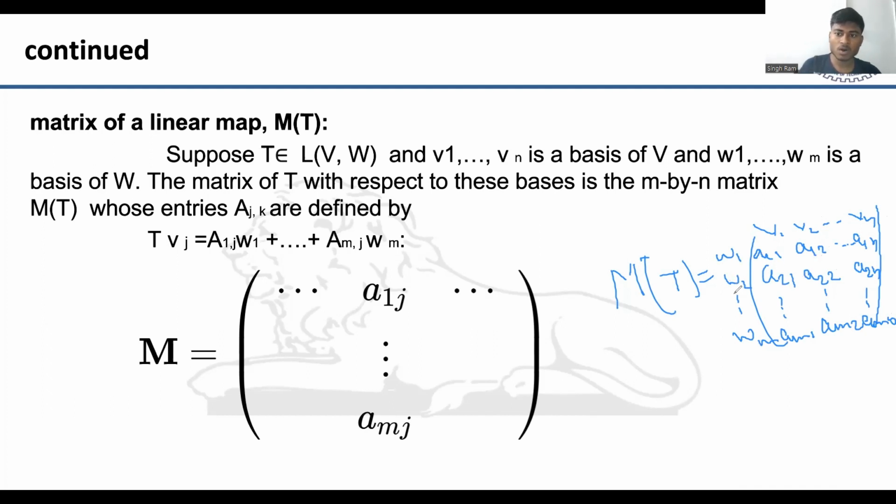We can better understand how we get this matrix from a transformation from vector space V to vector space W by taking an example.